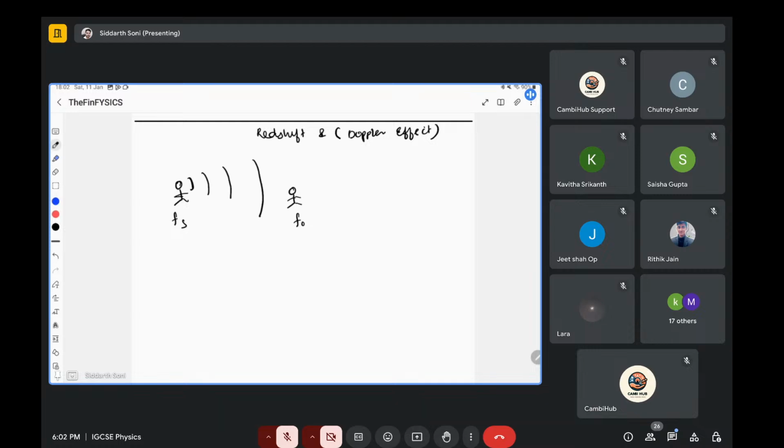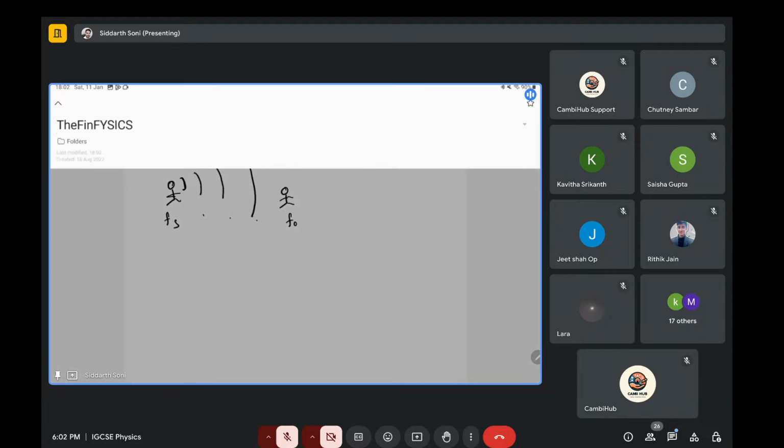Very good. But now if I start moving towards you at a decent speed, but to be very frank, at any speed, you will have more number of wave fronts hitting your ears. Can you all visualize this? Because now I am producing sound from a different spot, which is closer to you.